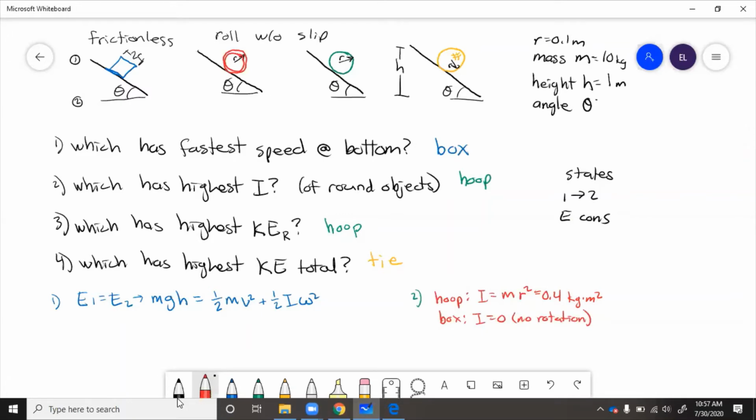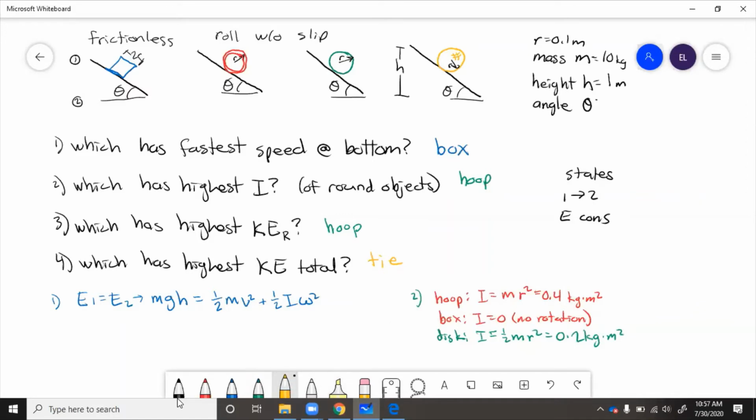Then for the disk, I equals 1/2 mr squared equals 0.05 kilograms times meter squared.